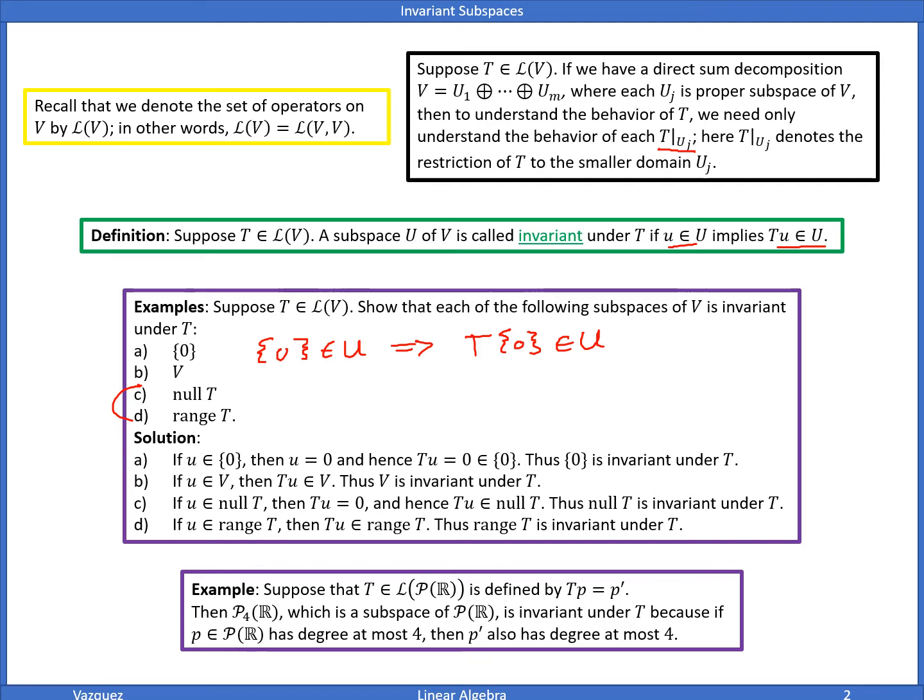So that's pretty much an introduction about invariant subspaces. We're obviously going to be looking more into it later. Just an interesting fact: the most famous unsolved problem in functional analysis, which you probably haven't taken, that's for sure a graduate course, is called the invariant subspace problem.